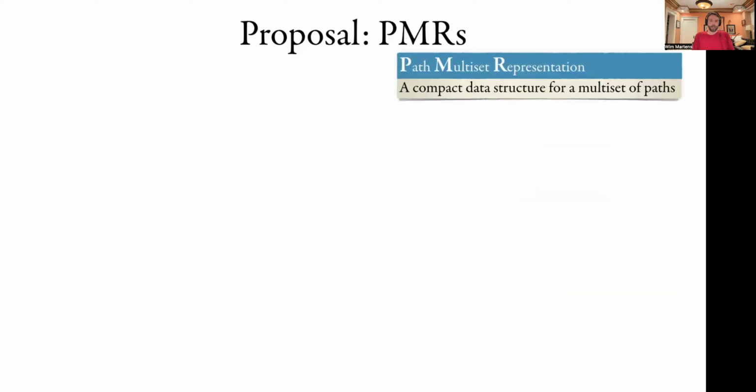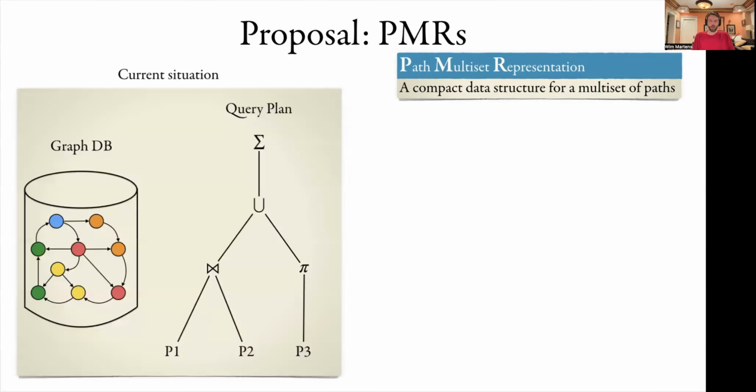Okay, our proposal in this paper is a compact data structure for representing multisets of such paths, and we call this path multiset representations, or in short, PMRs. So how do we envision that PMRs are used? Well, normally when you answer a query on a graph database, then you have a query plan, right?